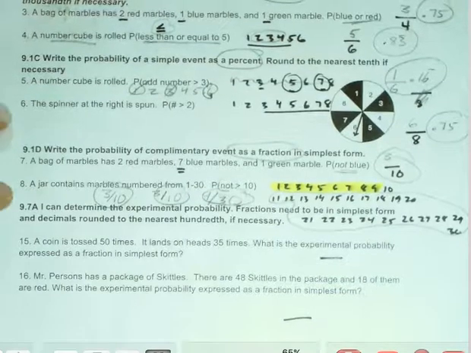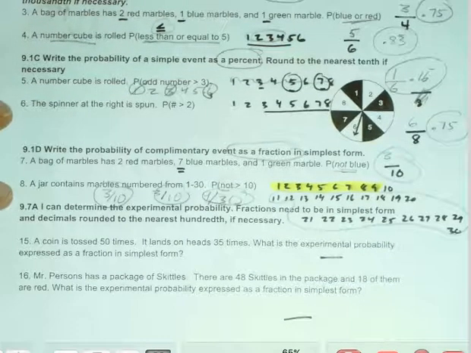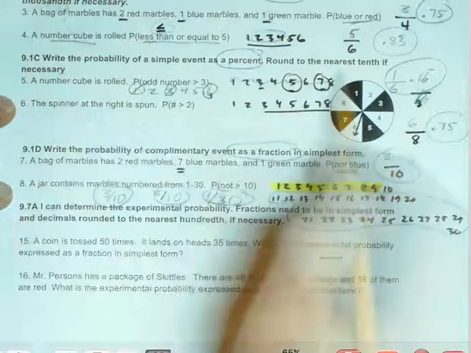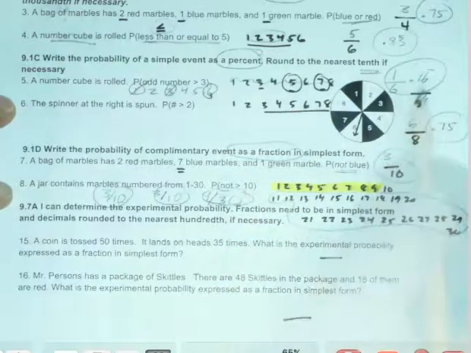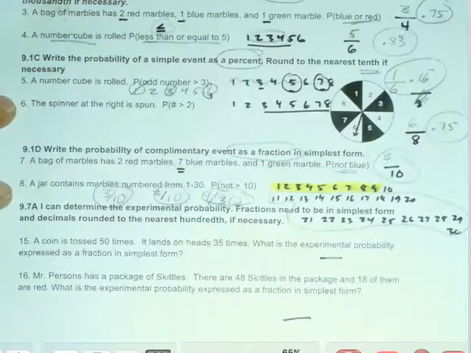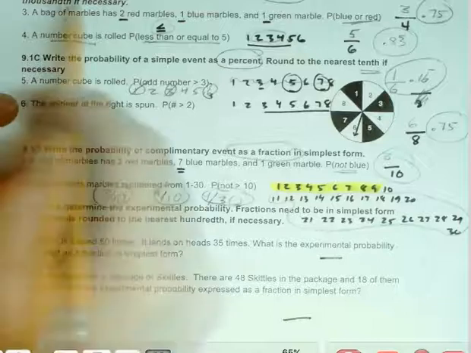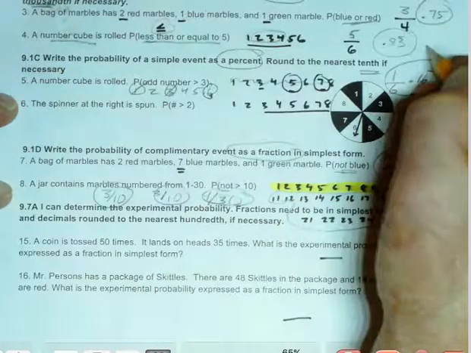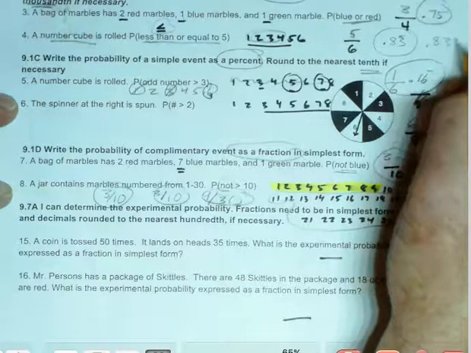9.7a, I can determine the experimental probability. Fractions need to be in simplest form. Decimals need to be rounded to the nearest hundredth. Okay. You know what? I got to go back up here. Round to the nearest tenth. Oh, I did round that one to the nearest tenth. I have to round this one to the nearest thousandth. I made a mistake. So it was 0.8333.